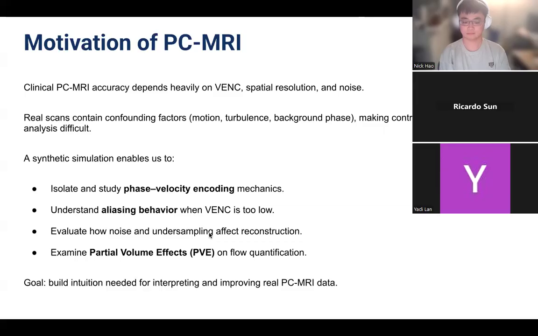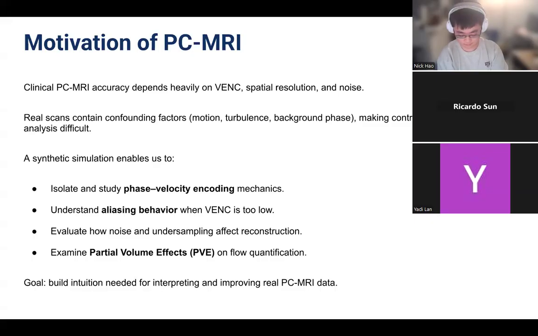Clinical PCMRI accuracy depends heavily on parameters like VENC, spatial resolution, and noise. But in real scans, there are many confounding factors, such as motion, turbulence, and background phase, that make it difficult to understand how each parameter individually affects the final velocity map. Our motivation is to create a synthetic environment where we can isolate these effects.